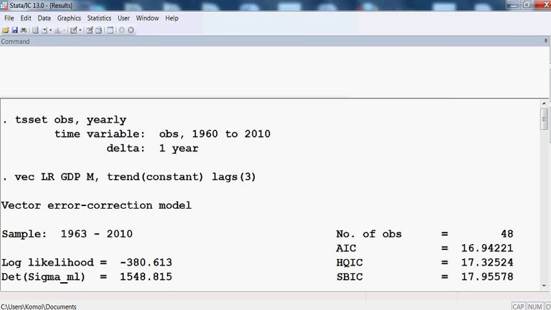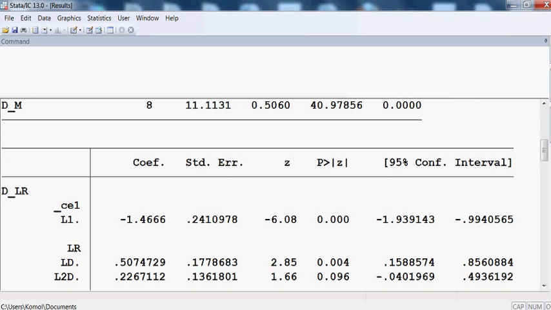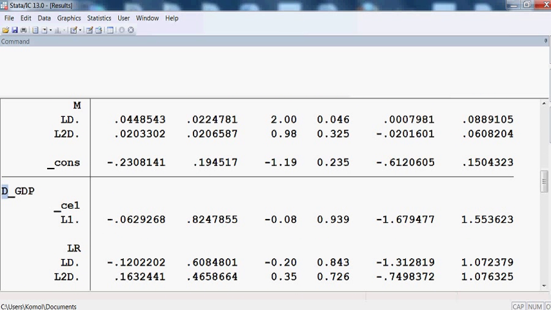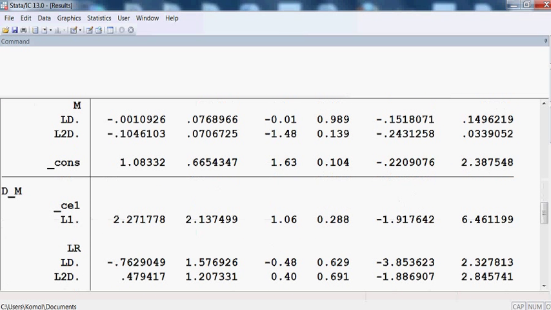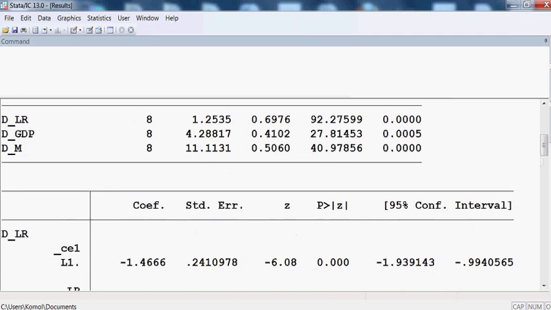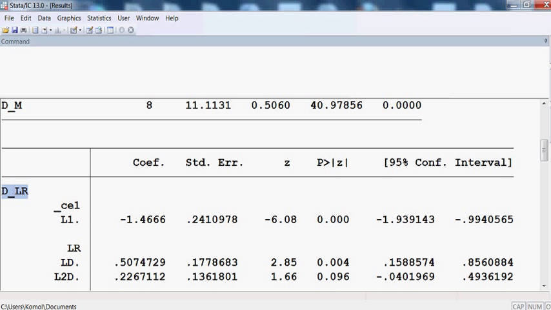So here there are actually the models. This is dependent variable DLR, right? And there is also one more dependent variable. But here what I shall do, I shall choose the first one, because that is our target model. I put LR first.